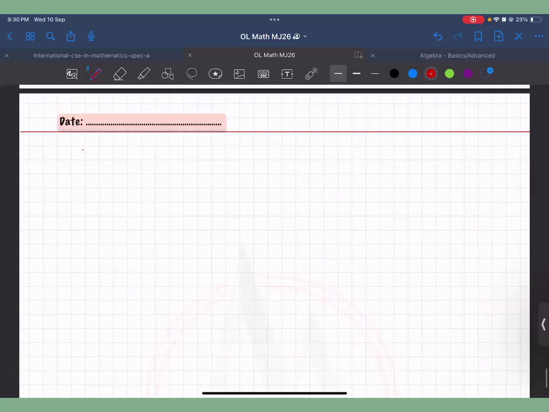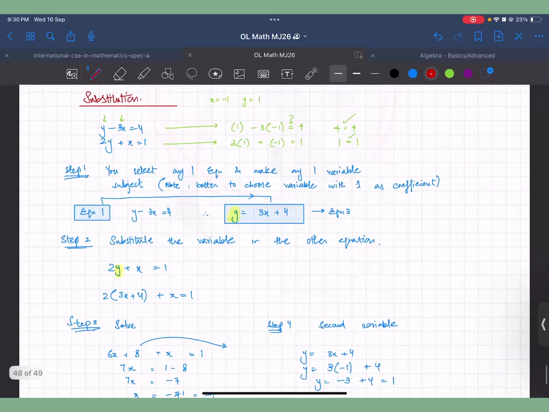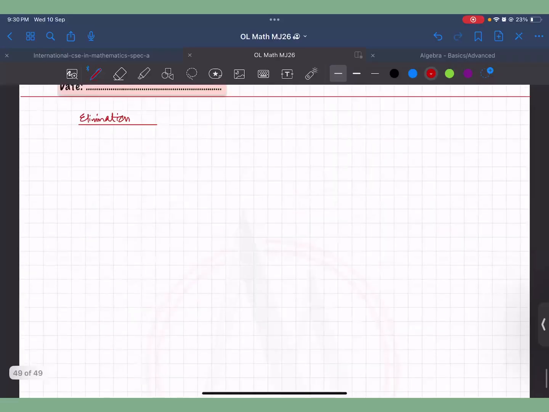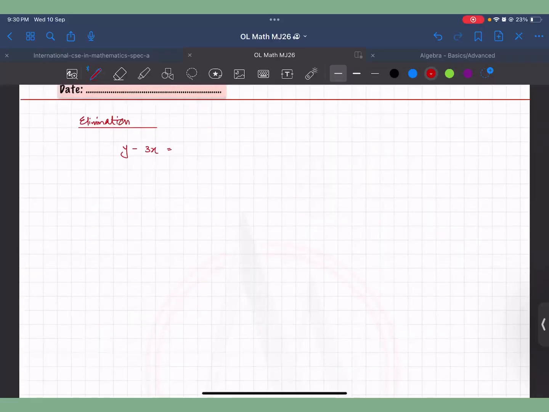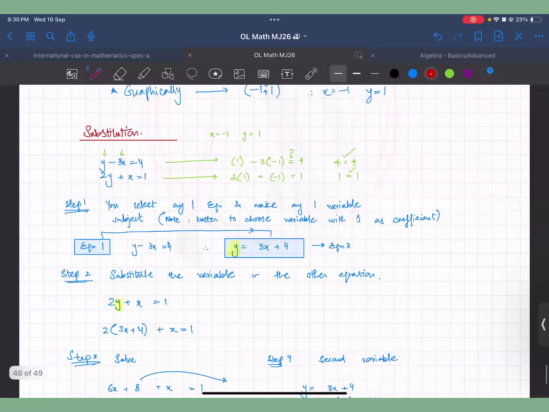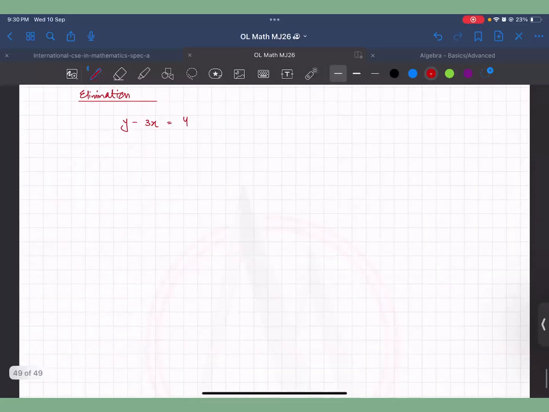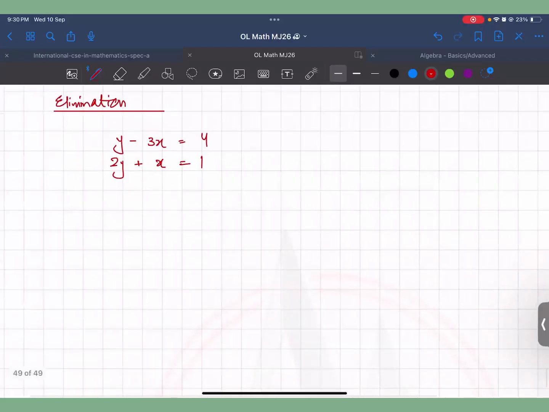Elimination. So we will do the same question using the elimination method. Where is it? y minus 3x is equal to 4. 2y plus x is equal to 1. So what do you do in the elimination method?